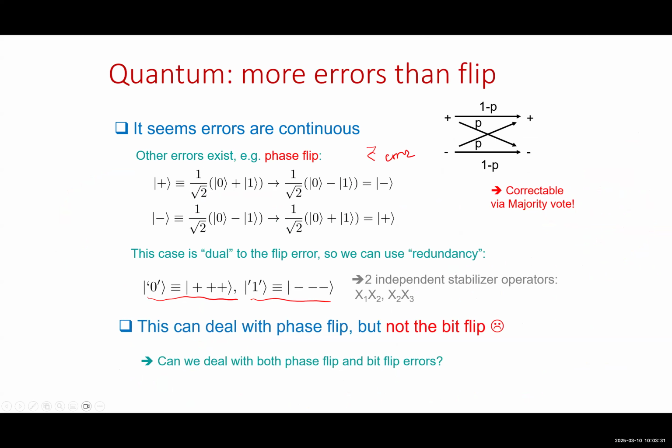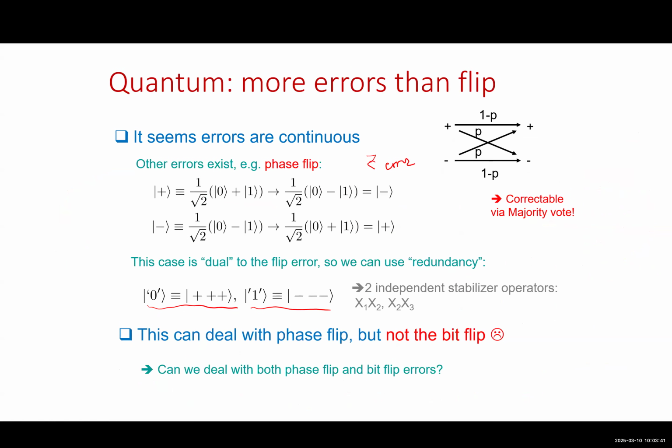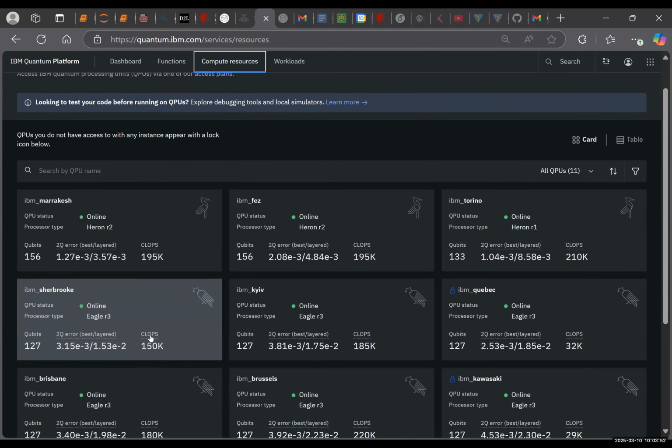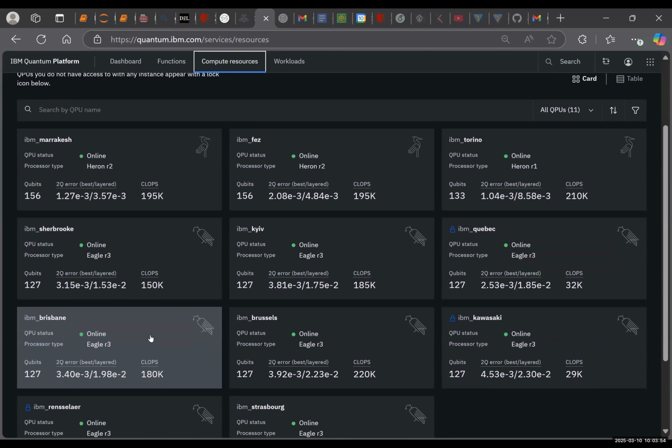Let me see if I can go to that website. If you look at, for example, these devices from IBM, the two qubit error rate for this is probably the best machine among all these. The best is 10 to the minus 3.